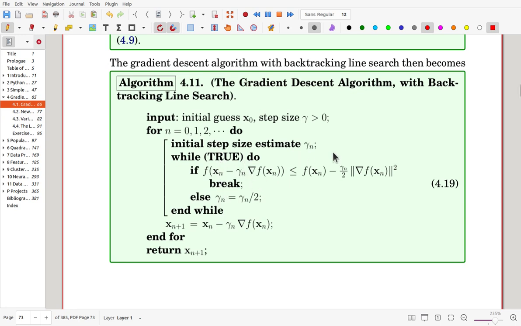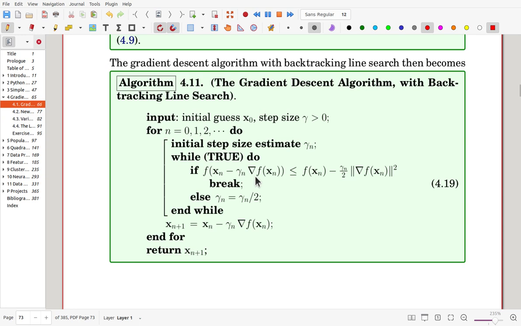The initial step size must be estimated, and then using the estimate, we try to check this inequality. Once it is satisfied, then we stop. However, if not, then we shrink by half and try again.